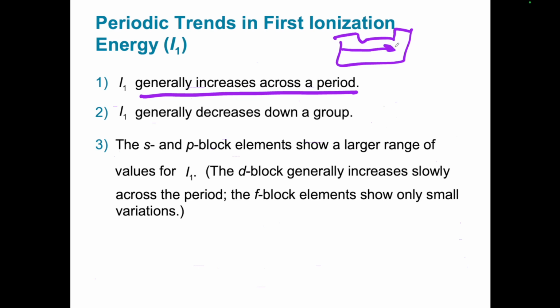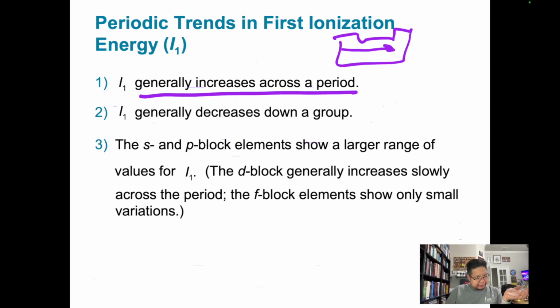which makes sense because as you go towards the right, you're trying to gain electrons, not lose electrons, and on the left side, you're trying to lose electrons. So generally, the ionization energy will increase across the period, and then the first ionization energy will actually decrease as it goes down a group.